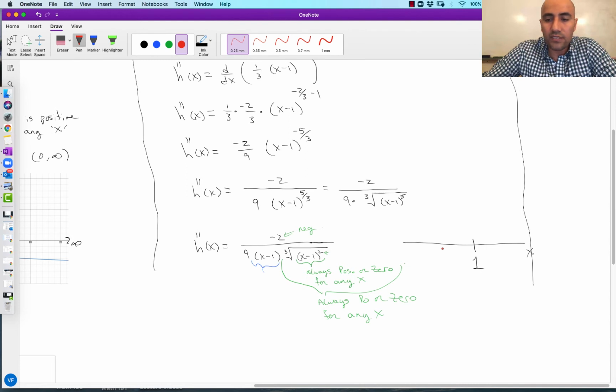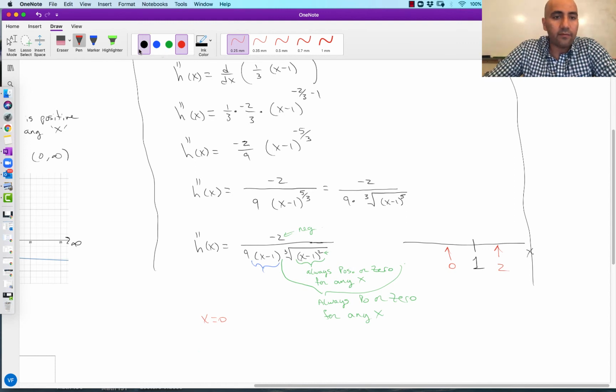So let's use the test point, well, why not 0? 0 is a nice one. And then I'm also going to maybe test the point 2. Okay, so thinking when x is equal to 0, what am I going to have?